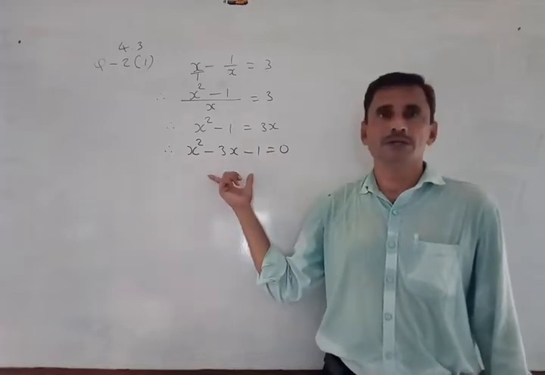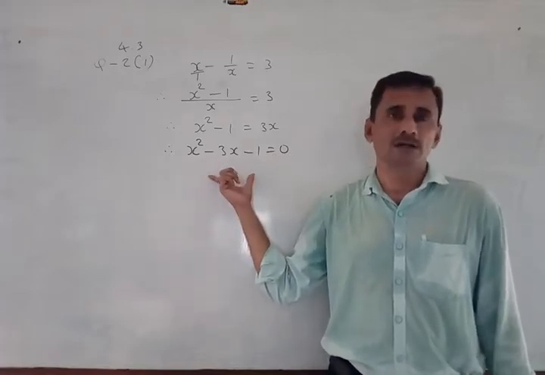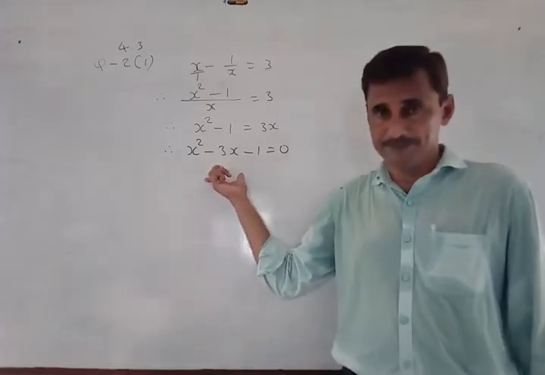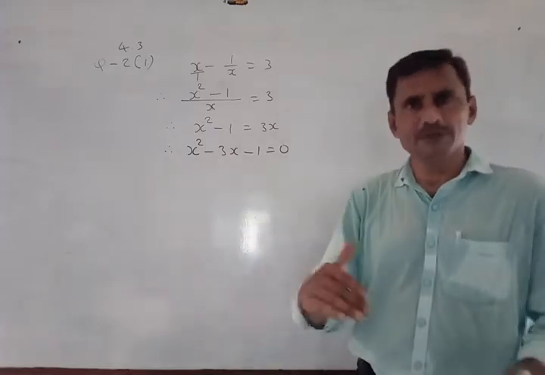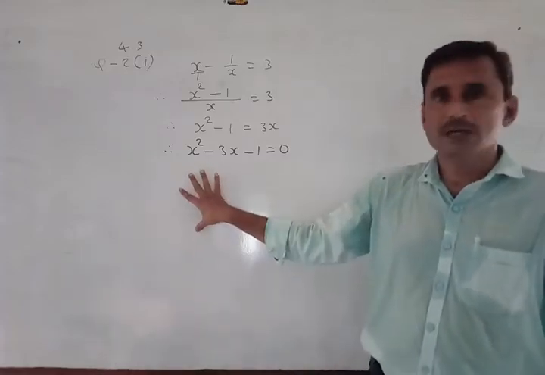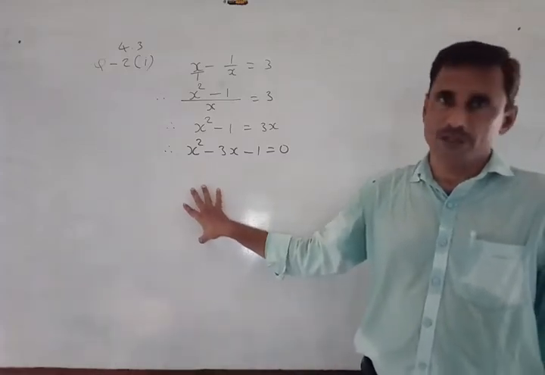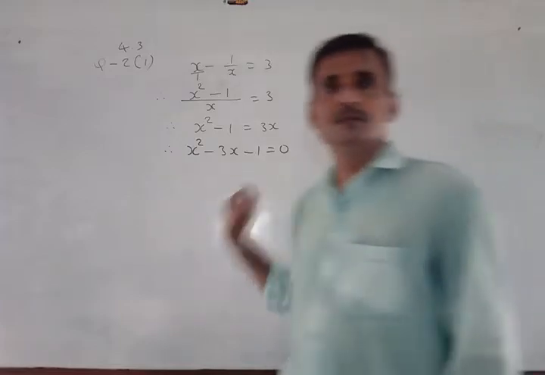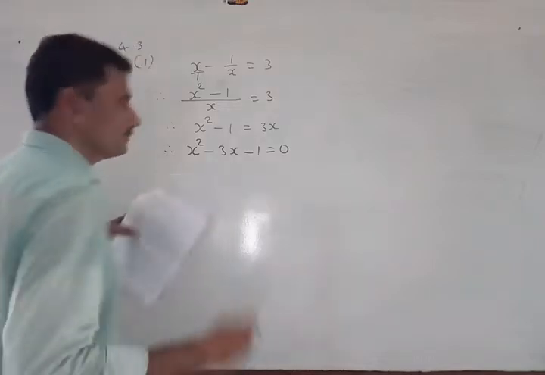So here you can select either the completing square method or the quadratic formula method. I think the quadratic formula method will be more convenient than the completing square method. So today I follow the quadratic formula method.